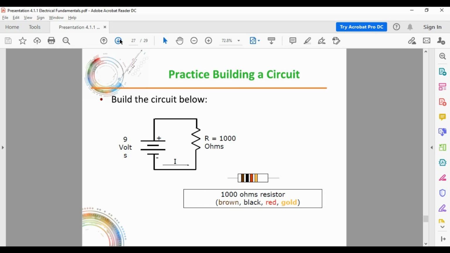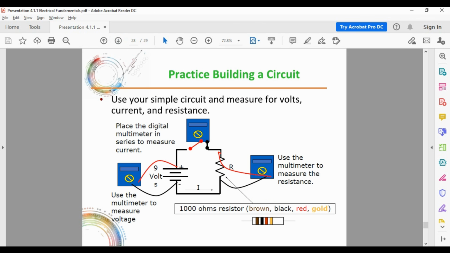So it can be higher than 1,000 by as much as 5% and still pass quality control, or it can be lower than 1,000 by 5% and pass quality control. That becomes really important when you're trying to get stuff to work, and you want to make sure you don't short it out.